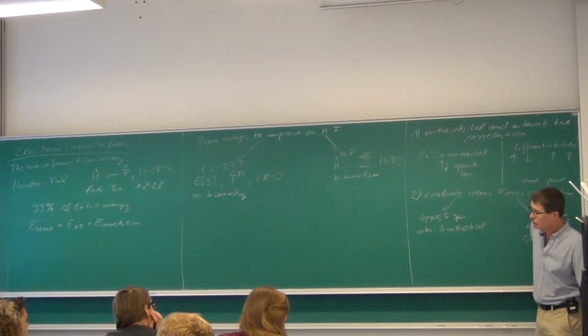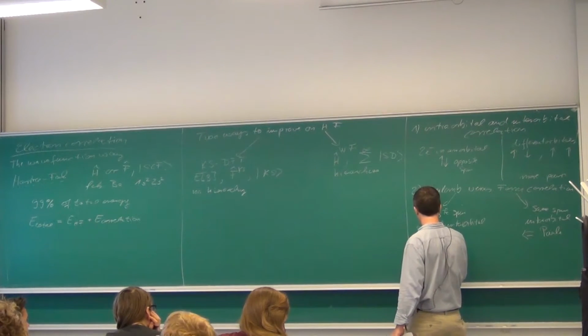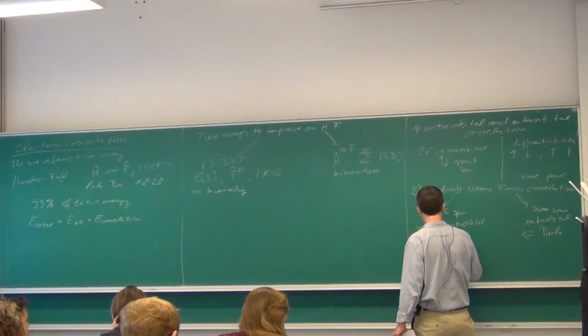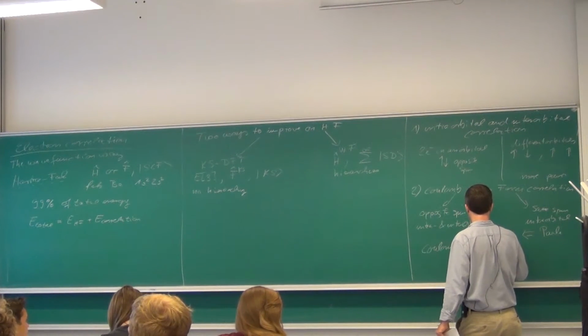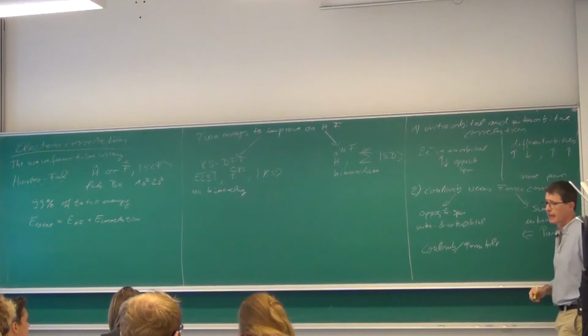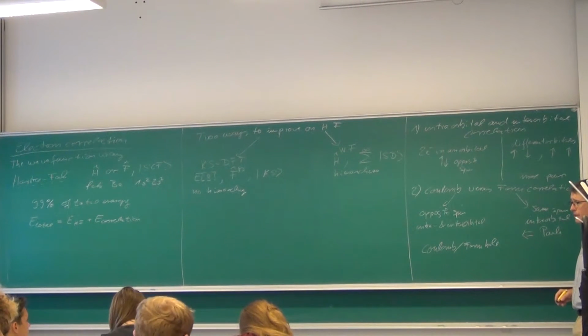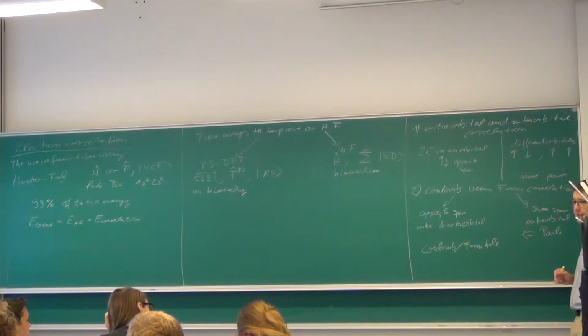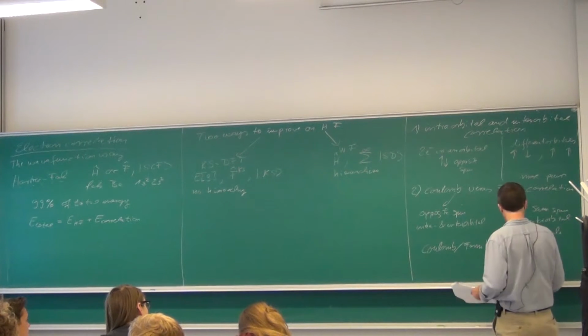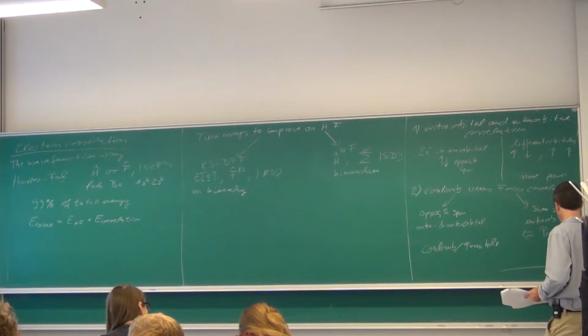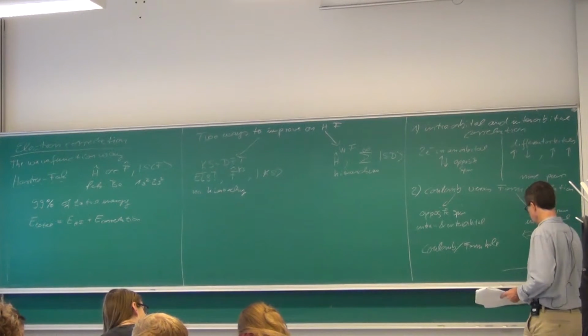In that context, one talks often about Coulomb and Fermi holes. What you're talking about is you're looking at the probability to find one electron in the neighborhood of another electron. So if I, for example, on the axis here, have the distance between two electrons, here's 0.